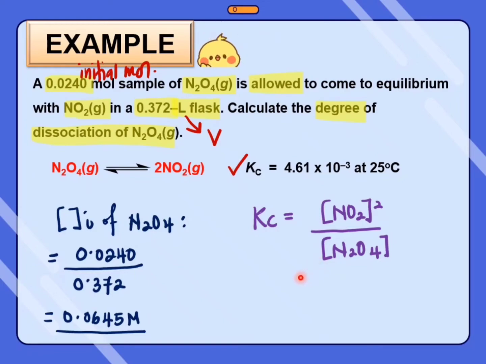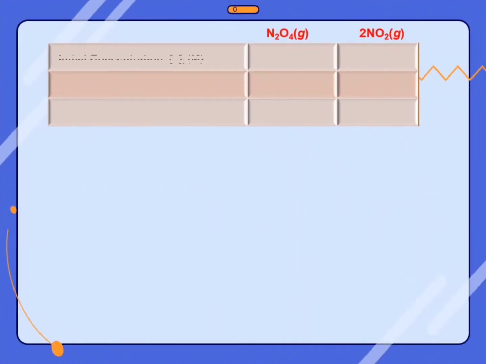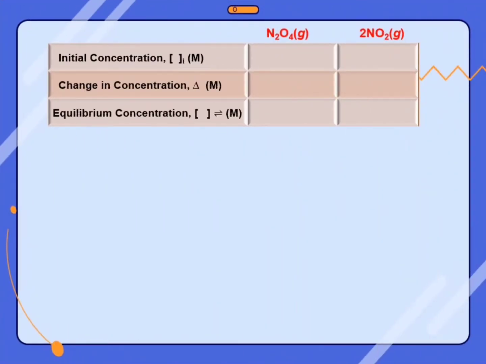Okay, and now we need to construct the ICE table. So this is our ICE table. It must consist of initial concentration, change in concentration, and equilibrium concentration. Just now we already calculated the initial concentration of the reactant, which is 0.0645 molar.